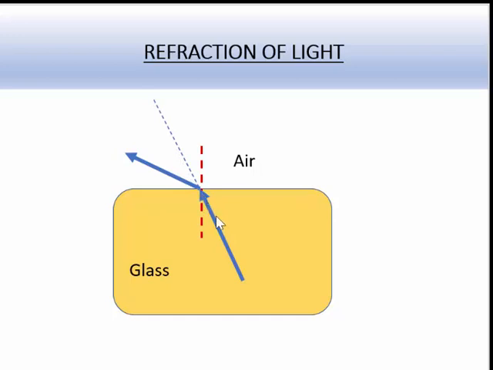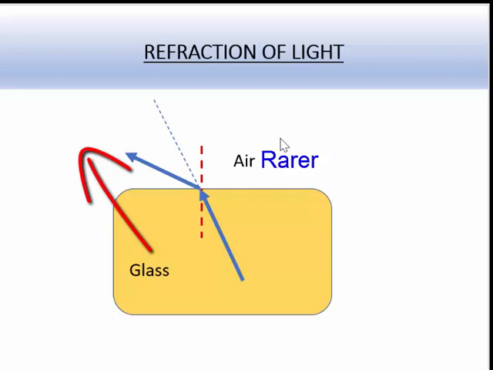But now as the light comes here at the interface, it is going to travel from the glass to the medium of air. And we know that glass is a denser medium, whereas air is a rarer medium. So suddenly the light realizes that it is not going to be traveling in the medium of glass anymore, but now the medium is going to change. The medium is changing from glass to air, which is from a denser to a rarer medium.